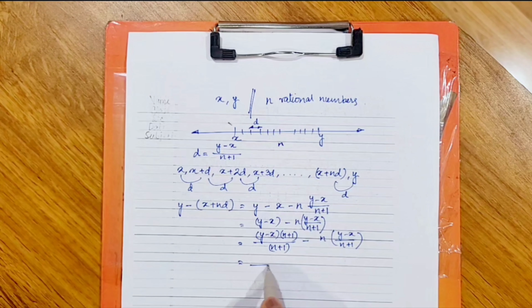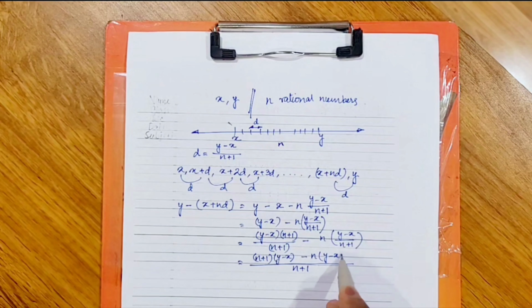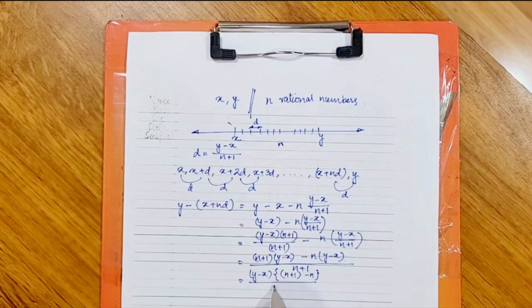Let's take n plus 1 as the common factor. So here it is (n plus 1) into (y minus x) minus n into (y minus x) in the numerator. I can take y minus x as a common factor, and that leaves me with n plus 1 minus n. The denominator remains the same.